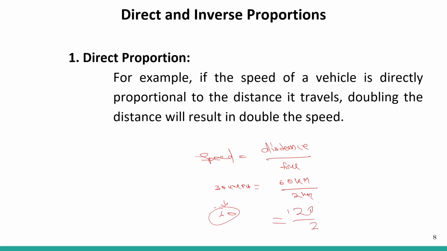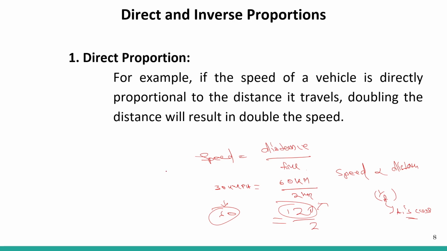Since this got doubled, speed is directly proportional to distance, and the constant of proportionality is 1 by t here, if t is constant.